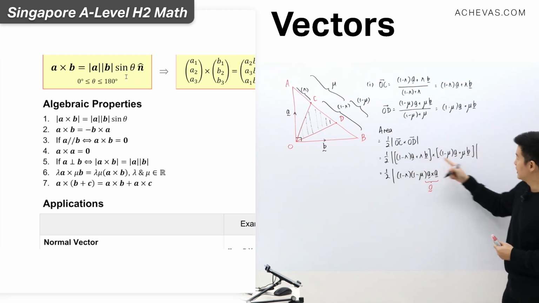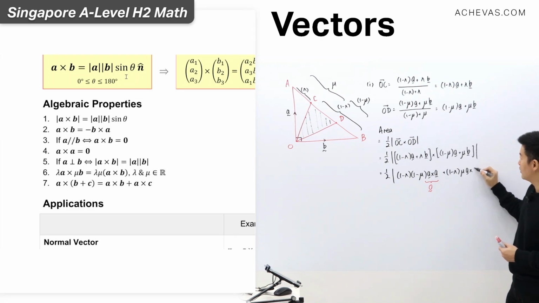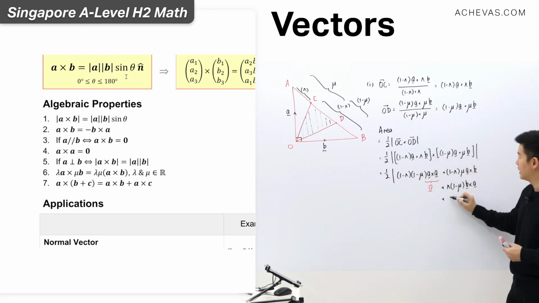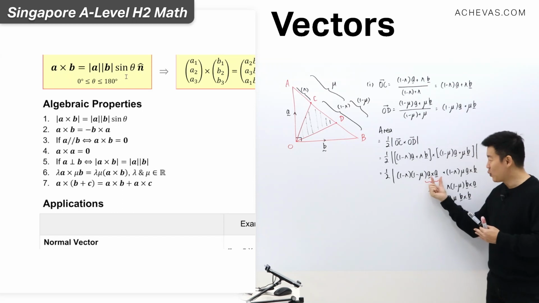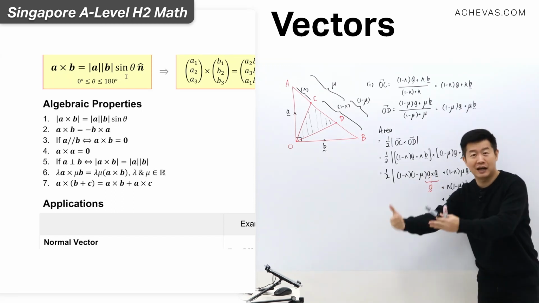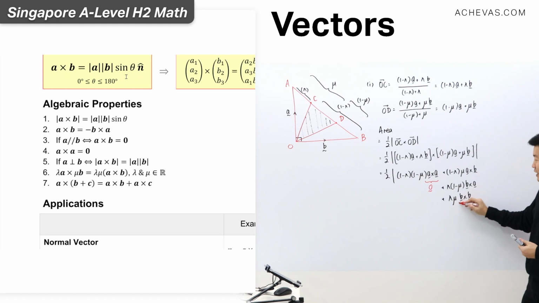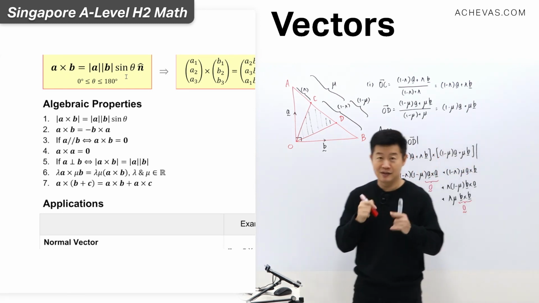So next, it will be this cross this. It is going to be plus 1 minus lambda mu of A cross B. This, it will be plus lambda 1 minus mu of B cross A. And then this, it will be plus lambda mu of B cross B. Since I have put in the effort to understand why this becomes 0, and then I memorize that it is 0, the next time when I see this, I will feel more comfortable simply writing it as 0 during the exam.